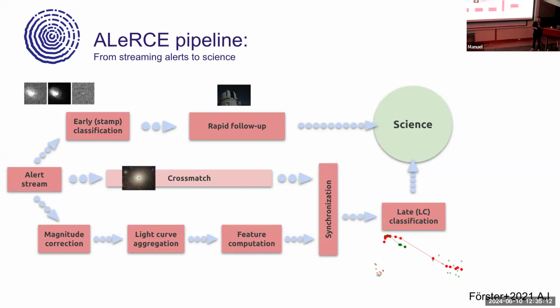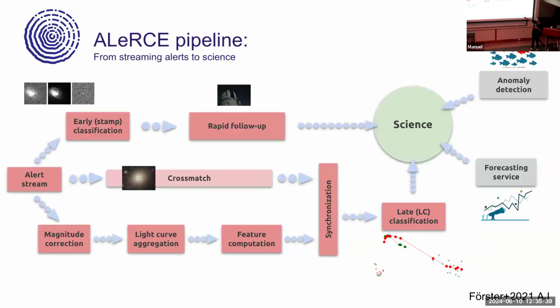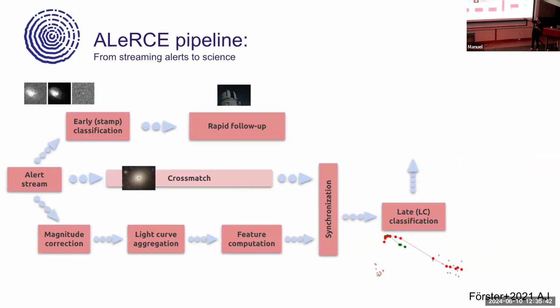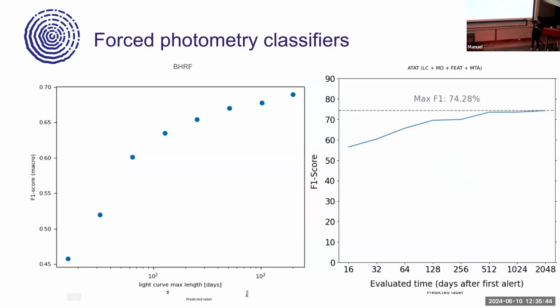In terms of the maximum length, I think the limitation is given by the training set on which we trained the models, not by the models themselves. I'm not sure what the full length was for the ATAT last training. I think it's here. Here it is, 2,000 data points.